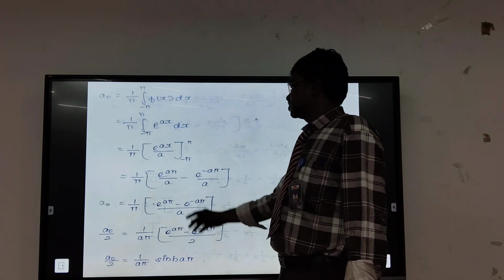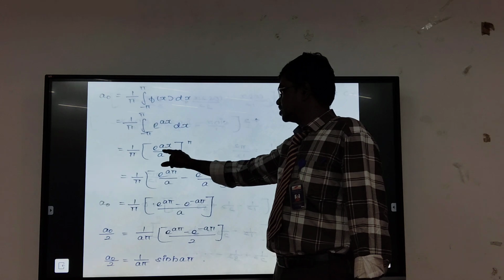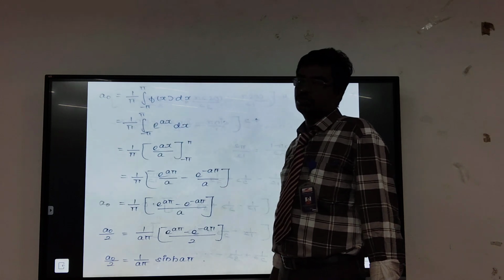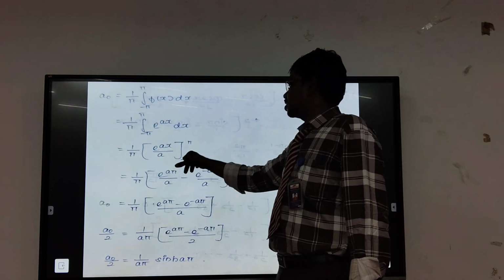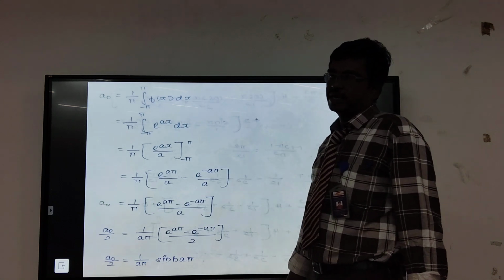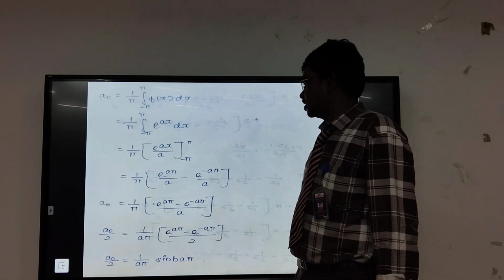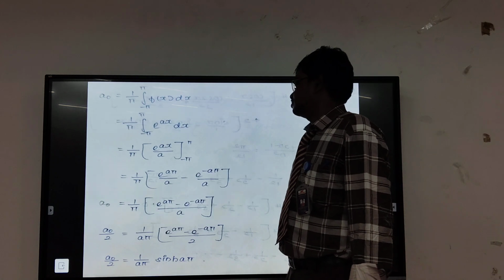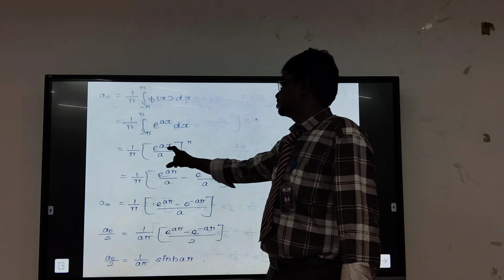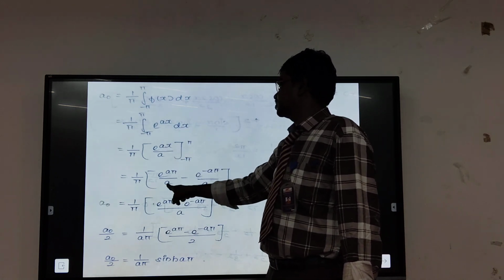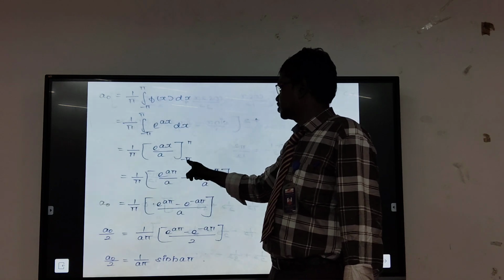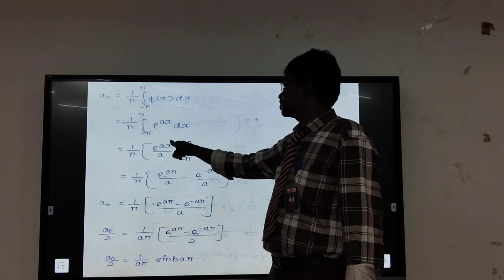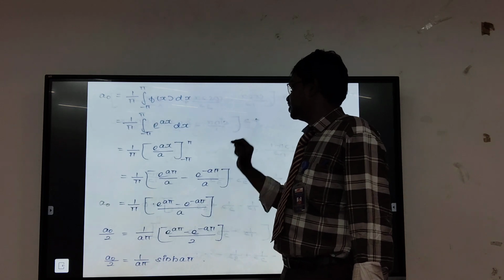The integral of e power ax is e power ax by a, where a is a constant. The lower limit is minus pi, the upper limit is pi. Substituting the upper limit pi, we get e power a pi by a, minus the lower limit minus pi, e power minus a pi by a.